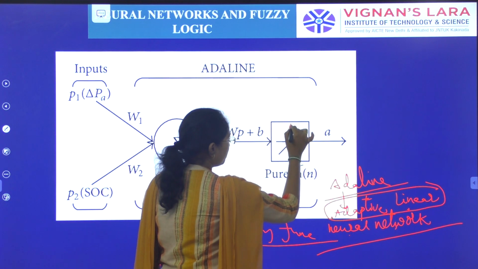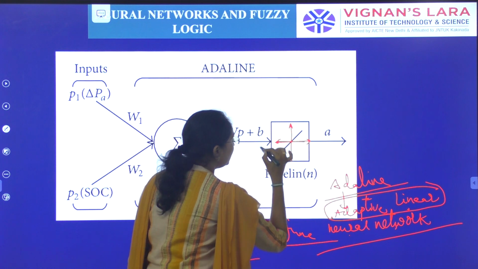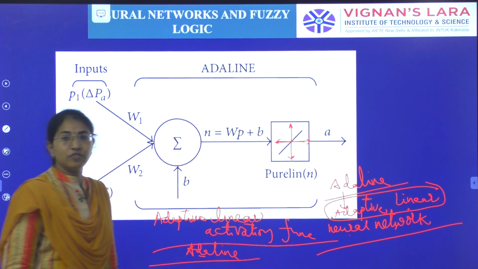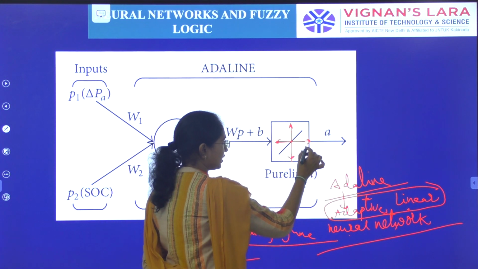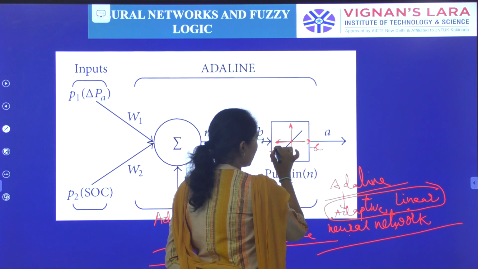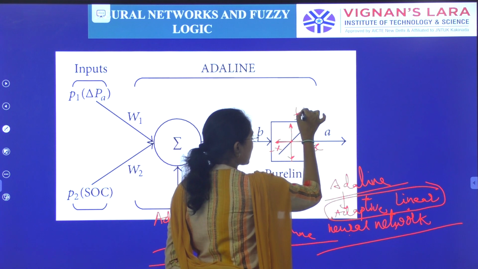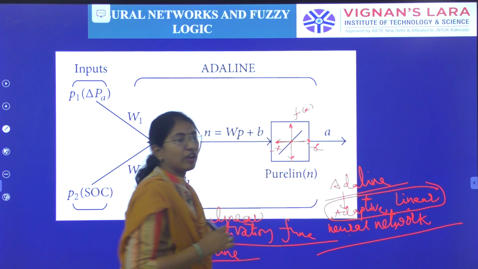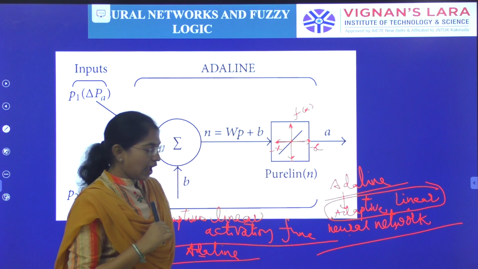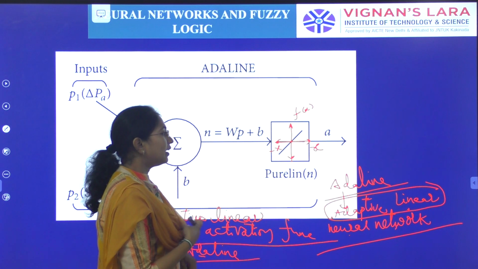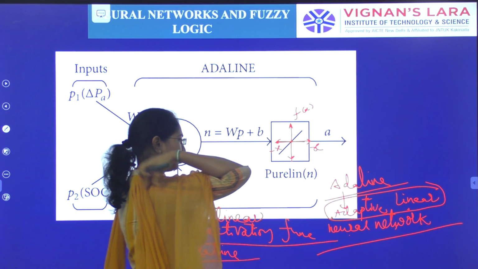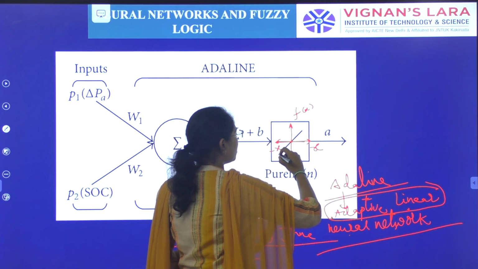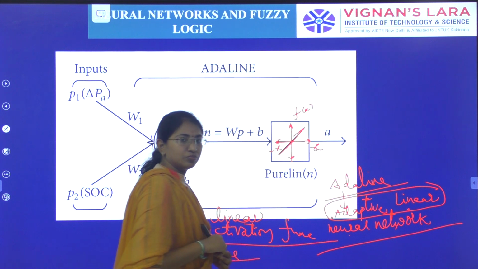This is the basic graph for the linear activation function. The X-axis represents x, minus x. The Y-axis represents f of x. For this linear activation function, the output is a linear value.